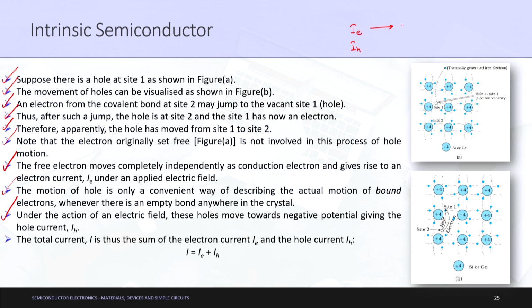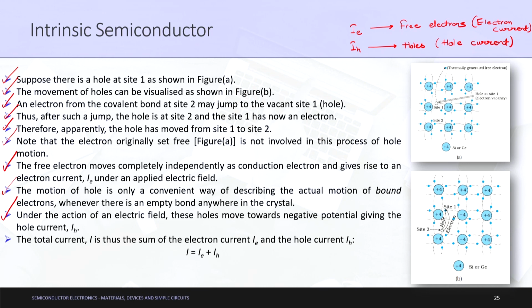This current is due to free electrons. We can also call this the electron current. There is a current due to holes also. That current is called the hole current.